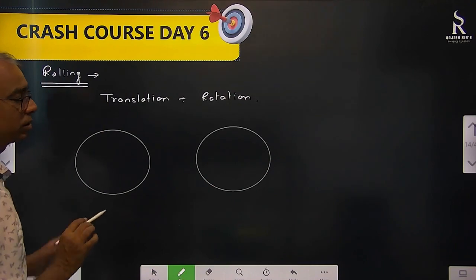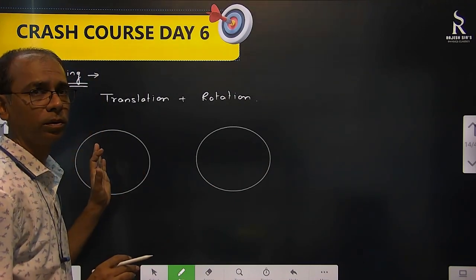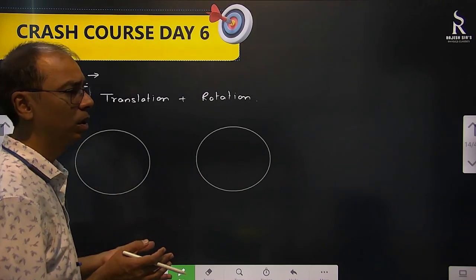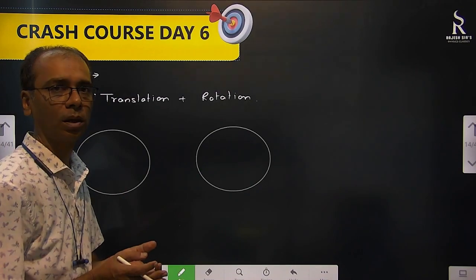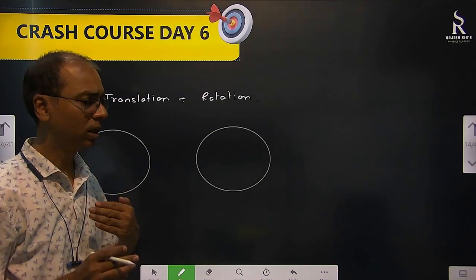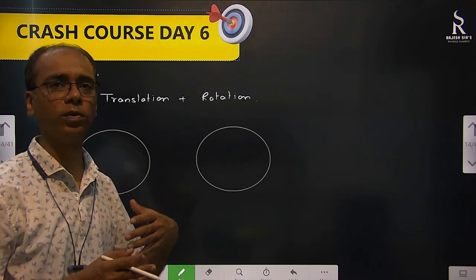Translation means all the points of this particular body move with the same velocity. That's translation, like the sliding motion we considered in laws of motion, where the entire object moved together with acceleration a or velocity v.